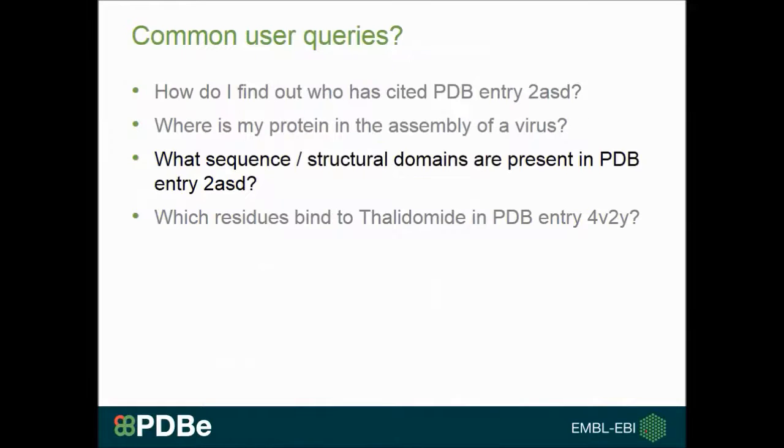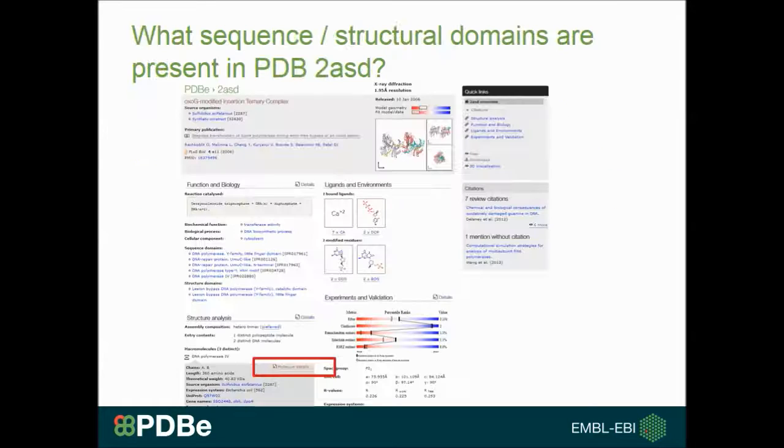Then we might want to find which sequence and structural domains are present in our PDBe entry. Again, we'll use PDBe entry 2ASD for this. If we click in the red box highlighted on this page, we see the details for the individual macromolecule.